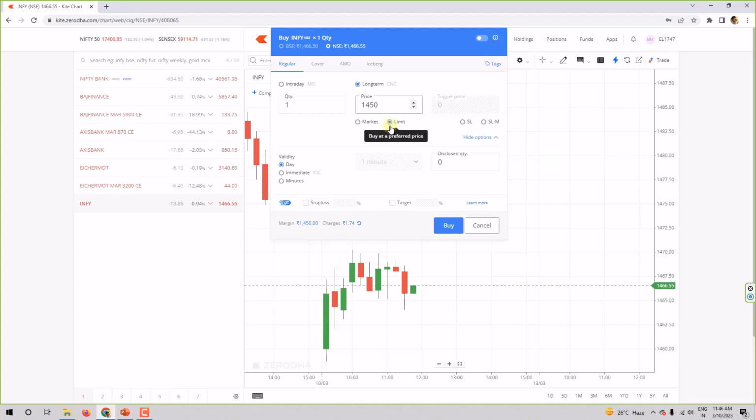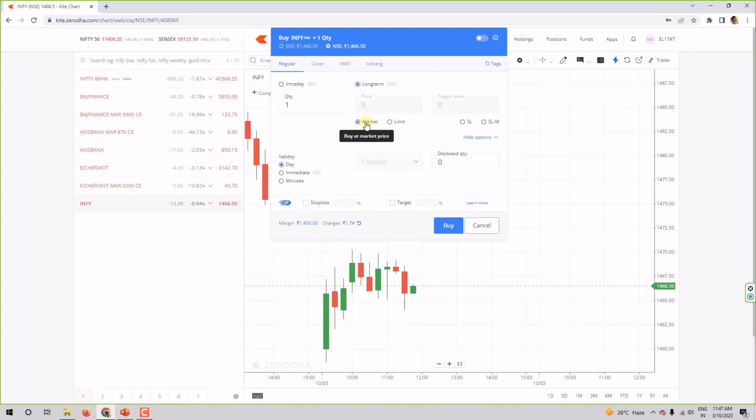But the thing about limit order is sometimes the price will not reach this point at all. It will just keep on moving up. It may reach till 1451 and then move up. By the time, you would have lost your order.